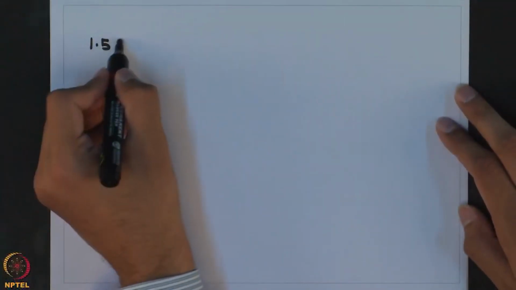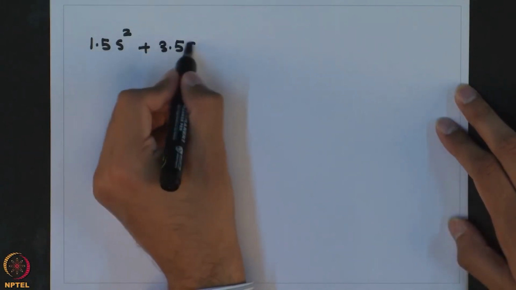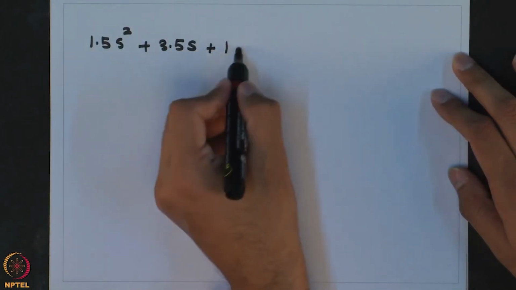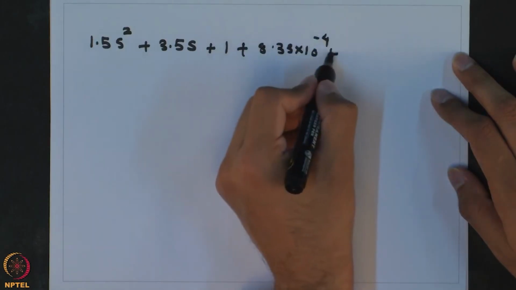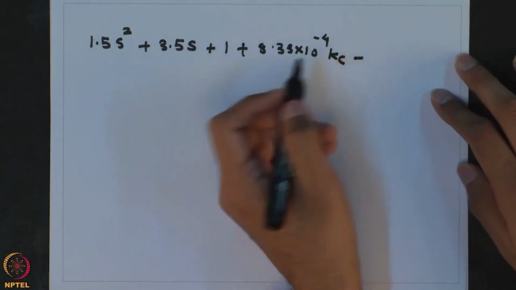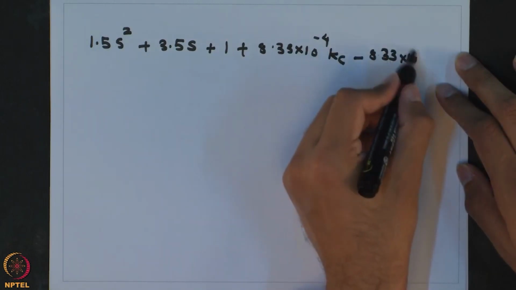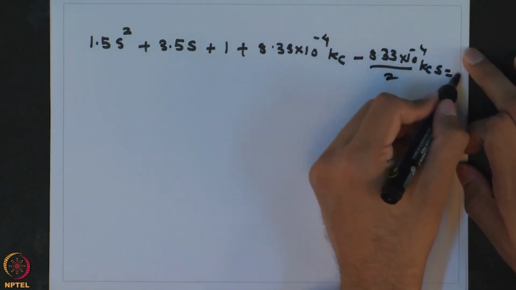If we simplify this further, what we will get is 1.5 s square plus 3.5 s plus 1 plus 8.33 into 10 raised to minus 4 Kc minus 8.33 into 10 raised to minus 4 over 2 Kc s equal to 0.